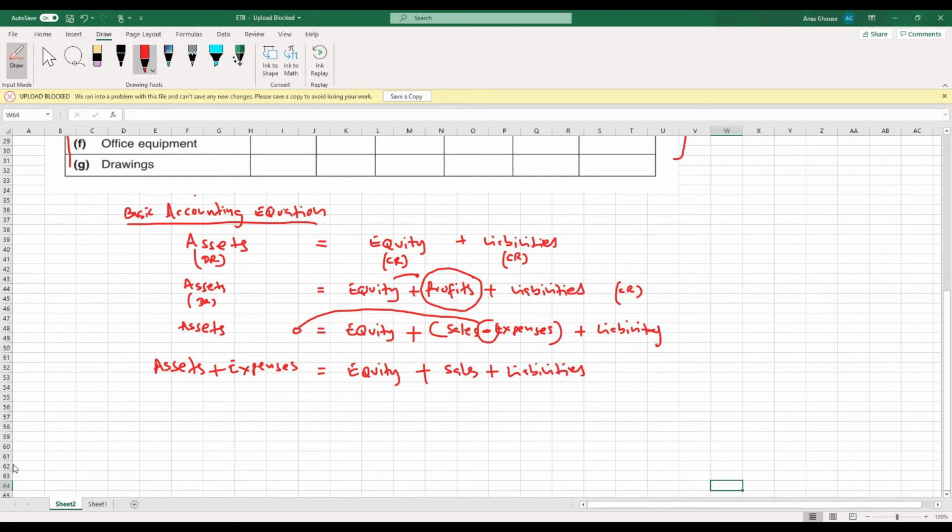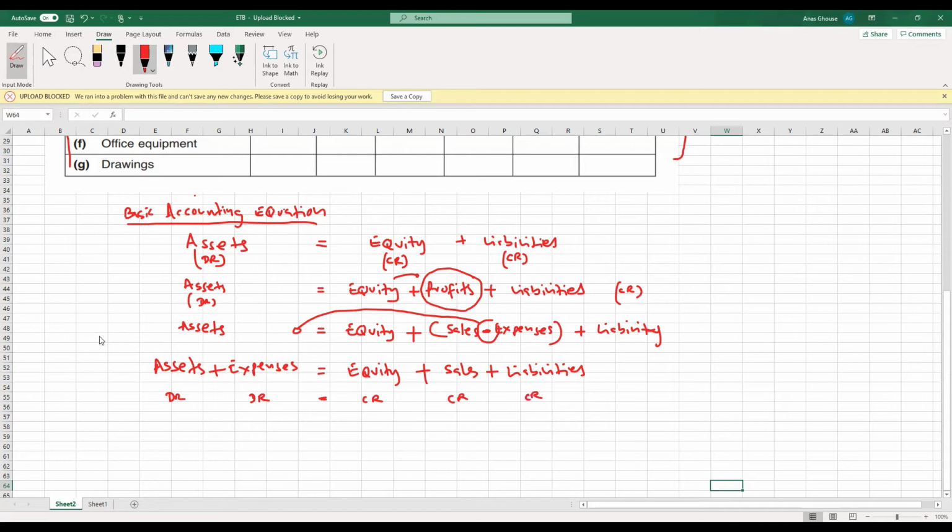So what will be the account balances? Will it be debit or credit? Yes, assets will be a debit balance, and also expenses will be a debit balance. And equity is a credit, sales also credit, liabilities also a credit balance.